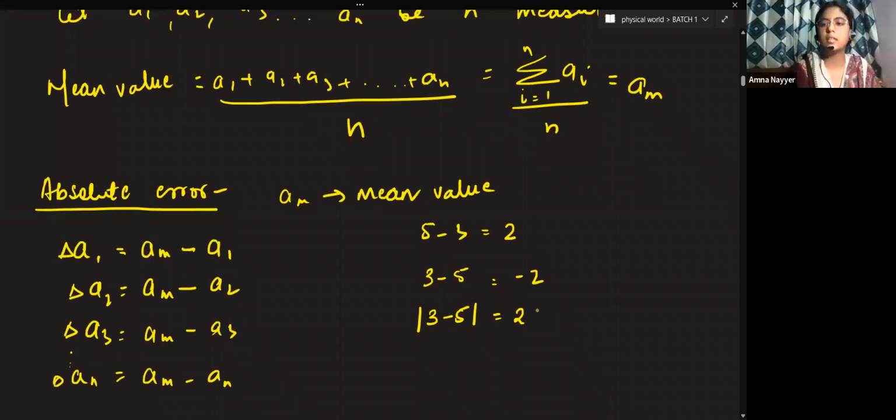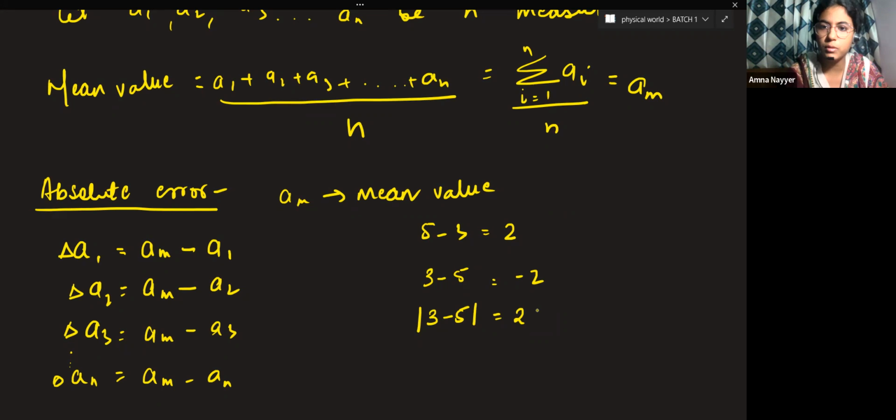So when modulus is there, even if it is coming out negative, like 3 is your AM, the mean value, and 5 was your A3, it's coming out to be minus 2, you will write it as 2. Because in error, minus or plus won't matter. It will matter at the end, when you are performing calculations with positive or negative error.